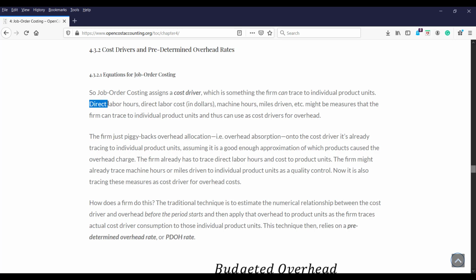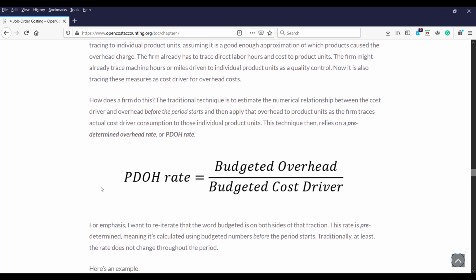And so therefore, in the example I just set up, we can piggyback overhead onto our tracing of direct labor hours to individual product units and say we're going to charge those product units a certain overhead charge, a predetermined overhead rate based on the direct labor hours that those product units consume. So that's what we get down here, PDOH rate, predetermined overhead rate. I may sometimes omit the rate when I say that, just say PDOH, just accidentally, but I mean the same thing.